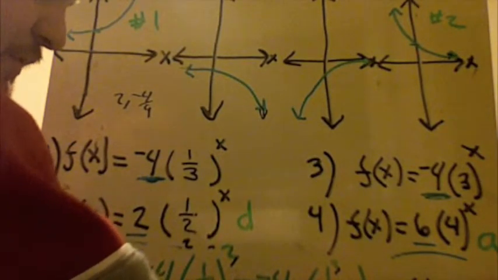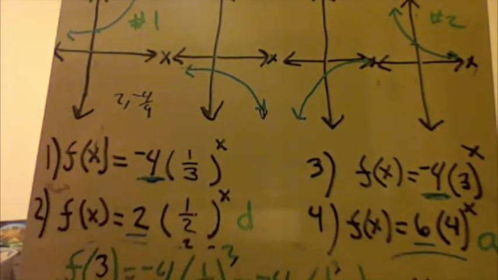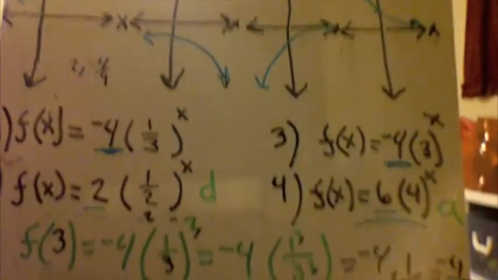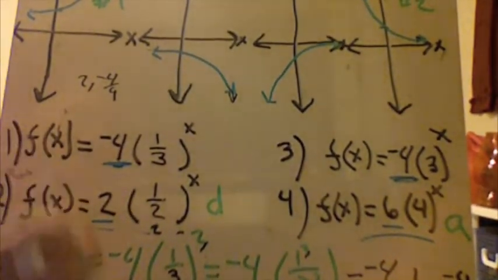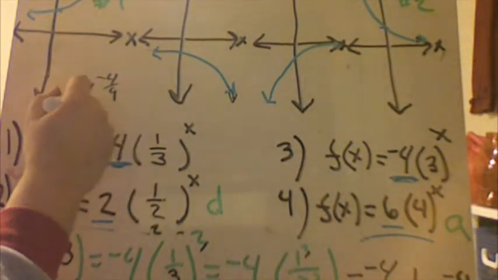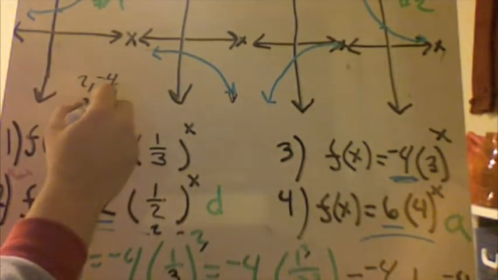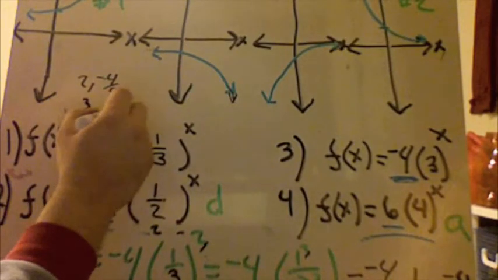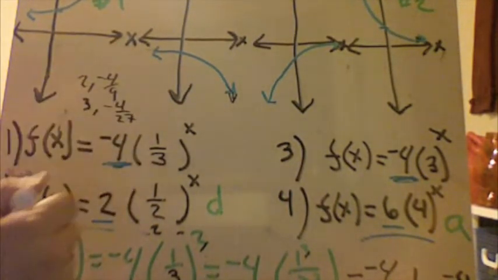Negative 4 over 27. You're going to need a bigger board. So 3 and negative 4 over 27.